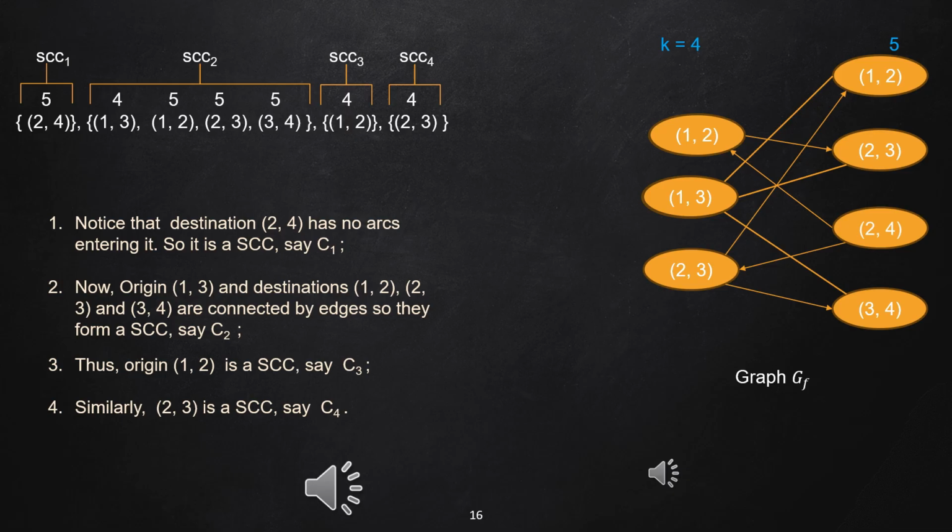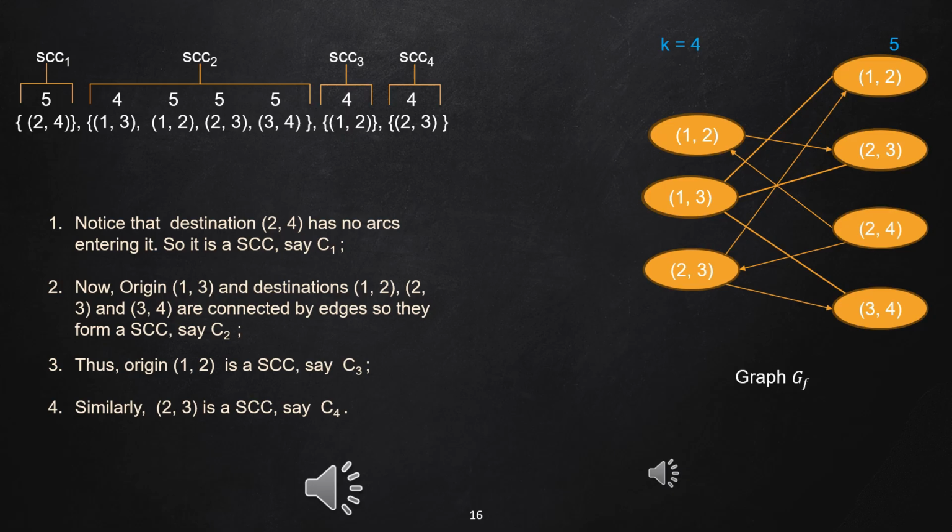Next, notice that origin node 1, 2 has an arc going out to strongly connected component 2 and an arc coming from strongly connected component 1. And thus, origin node 1, 2 is a strongly connected component by itself.